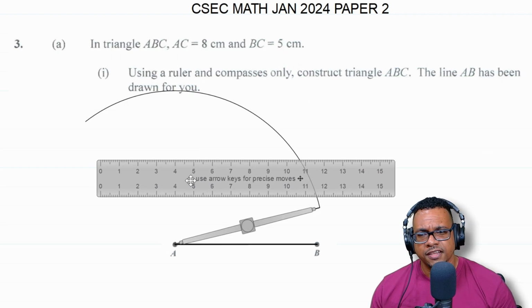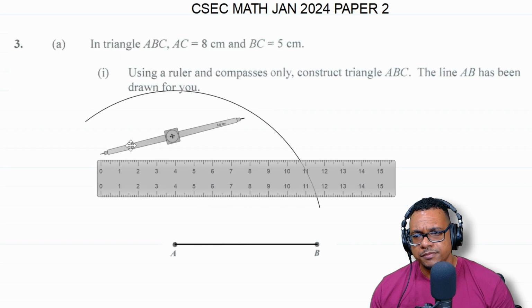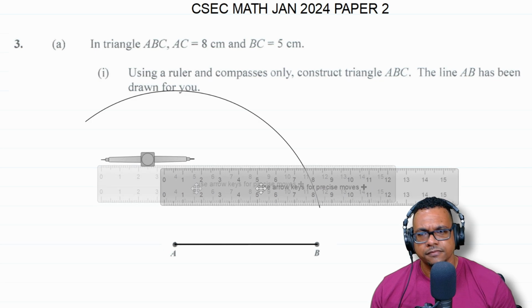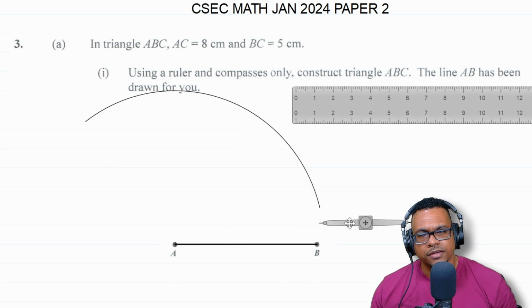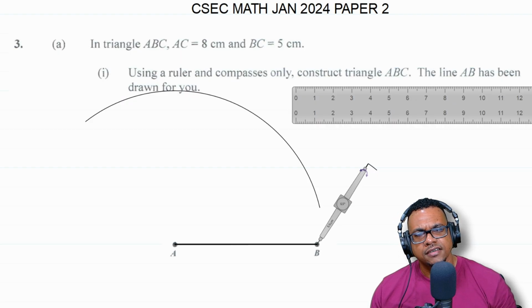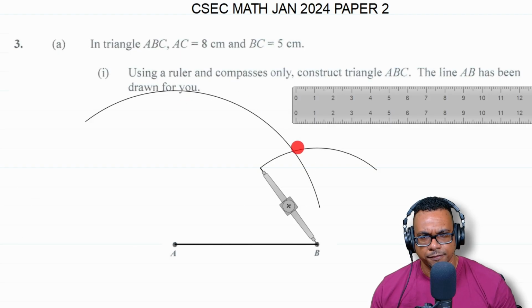So I'm going to take my ruler again, take my compass, place the point at the 0 on the ruler, and open the compass out to 5 centimeters. Then I'm going to take the compass point, place it on B, and make an arc to intersect this arc here.